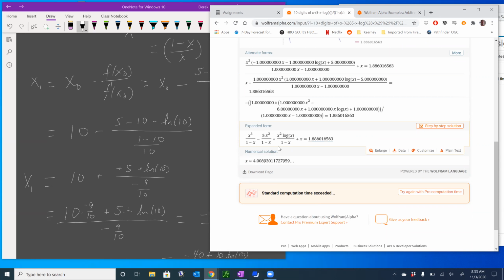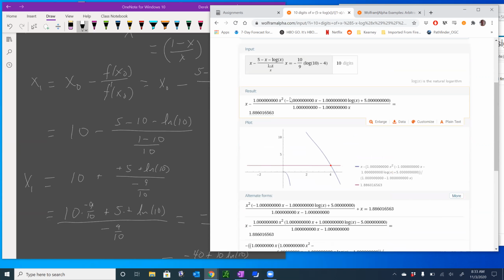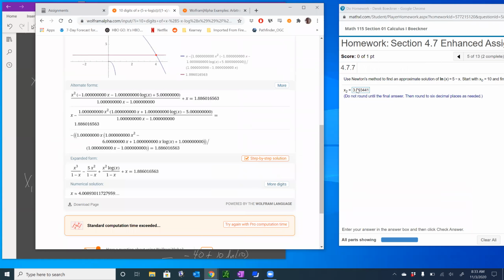Is it trying to solve for x in this expression? That's probably what it's trying to do, because that's the result, that's the simplified form. So I bet we want the x equals this guy. Let's try that. That one's a lot closer to the actual answer anyway. 4.00893.